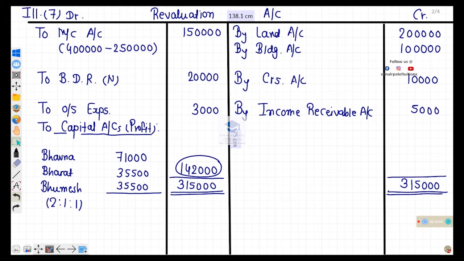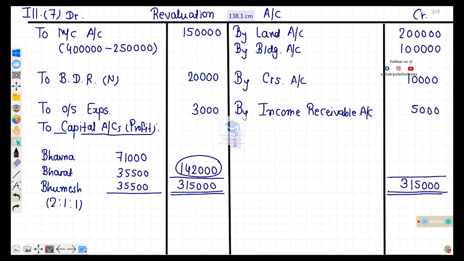Then creditors account debited to revaluation account. Then income receivable account debited to revaluation account. Revaluation account debited to outstanding expense account. And last, revaluation account debited to partners' capital account.